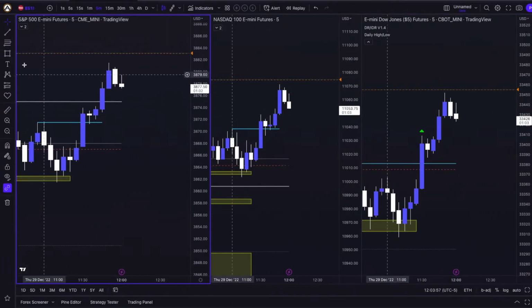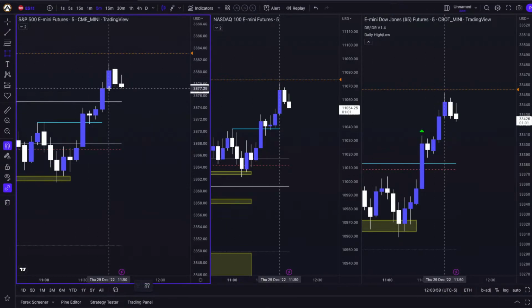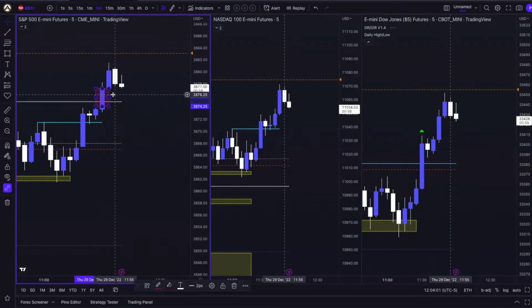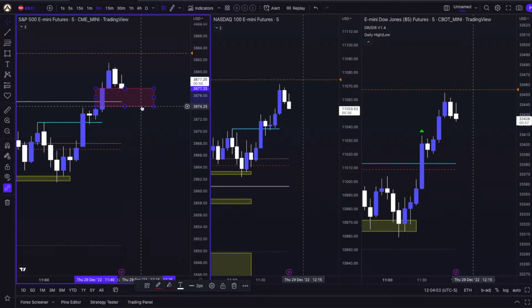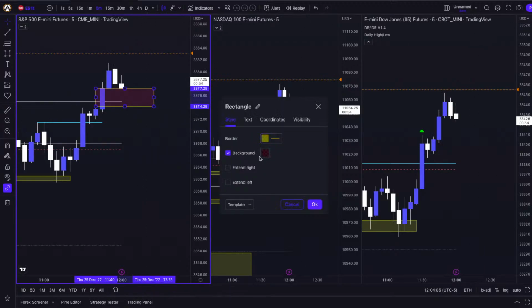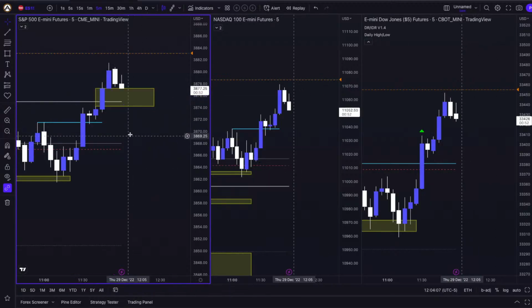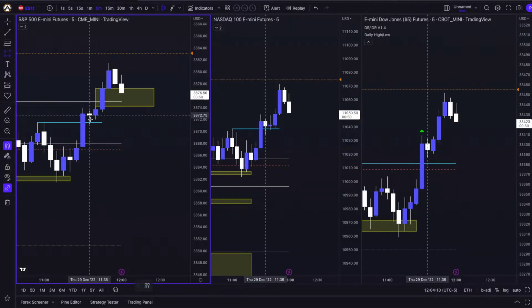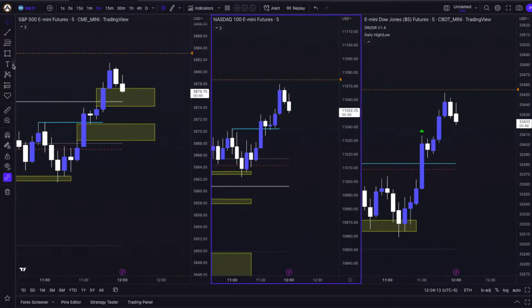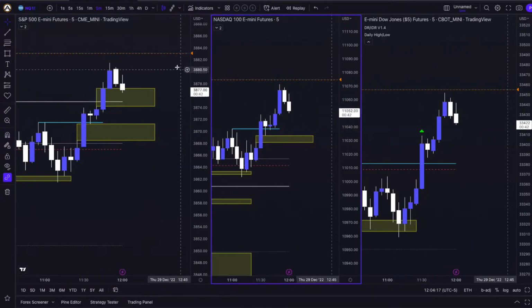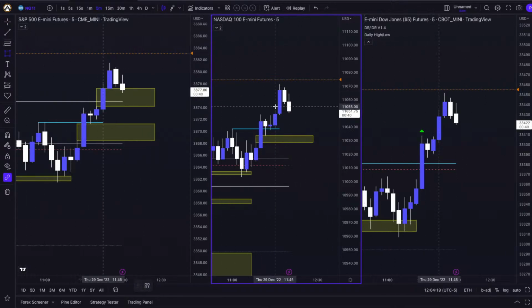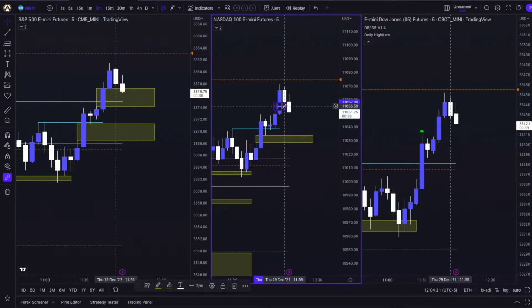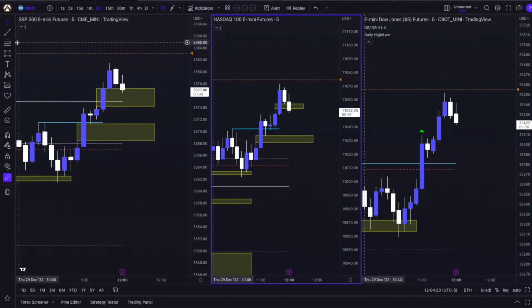We can draw some 5-minute fair value gaps that we maybe could react from. All right, we have another fair value gap right here when we crossed our high. Same here. Very small one right here on NASDAQ.